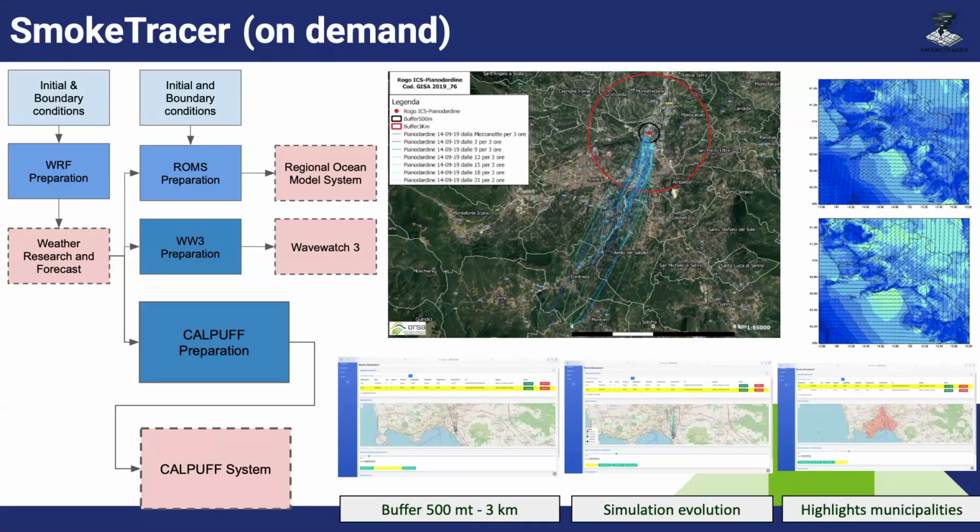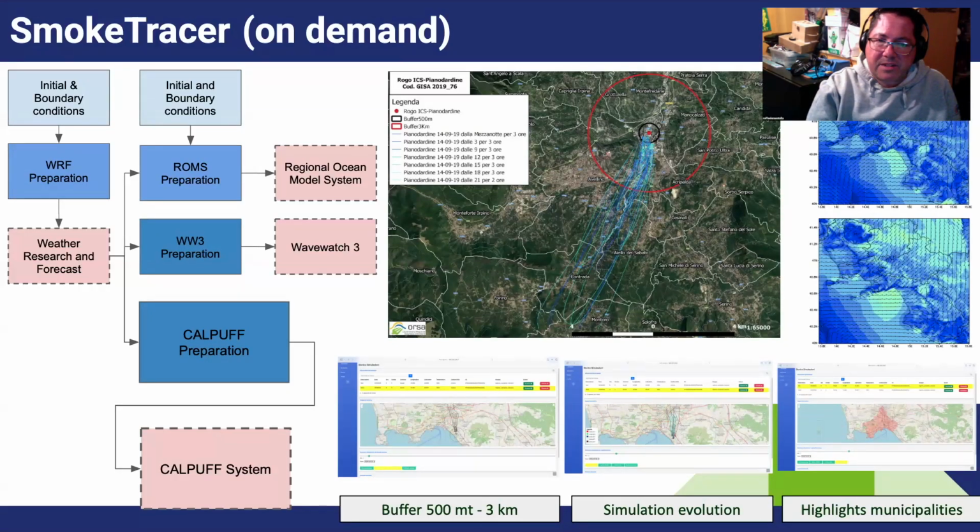The user just selects some parameters for the forest fire, and then the system performs the computation. When the computation is ready, the user is notified, and data is automatically provided in the fashion that the decision maker has to use to perform their decision.